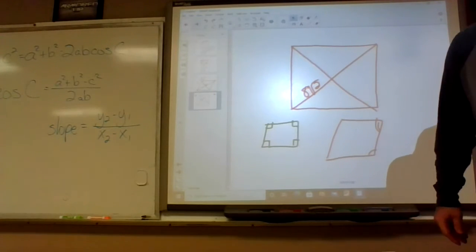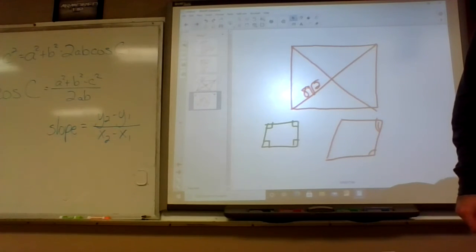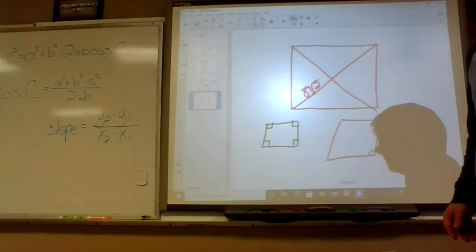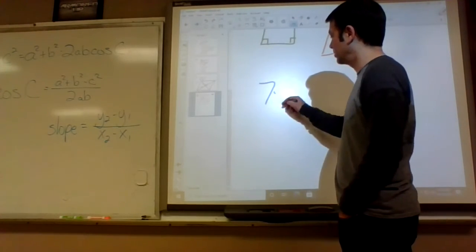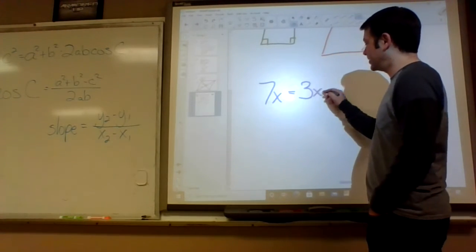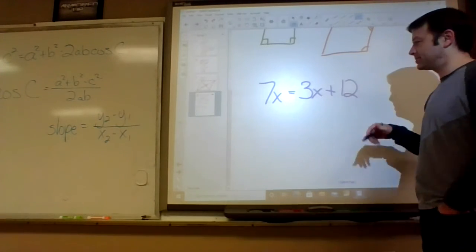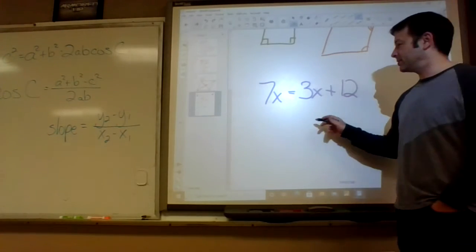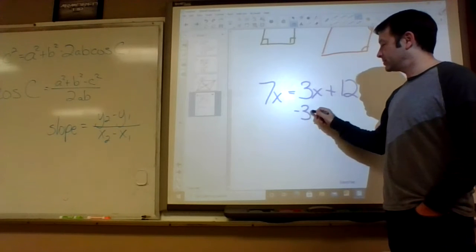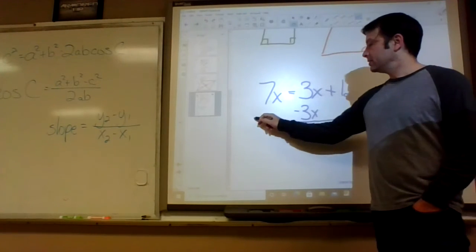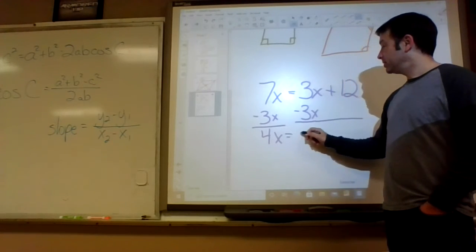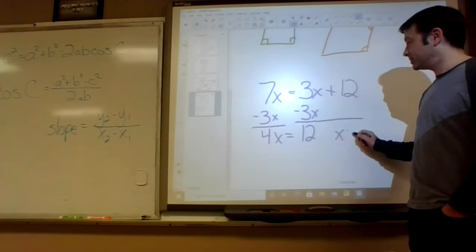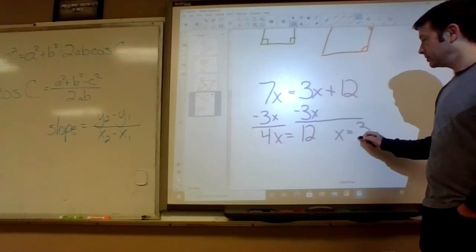So 7x equals 3x plus 12. x is not really what we're trying to find, it's the length of the sides. So anyway, we gotta keep going. So 4x equals 12, therefore x is 3.